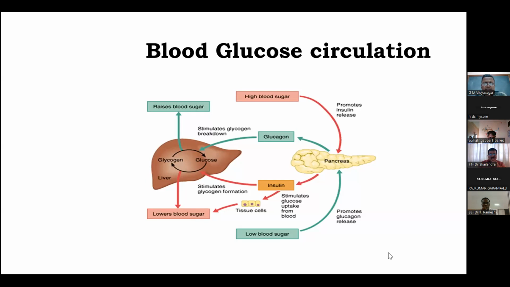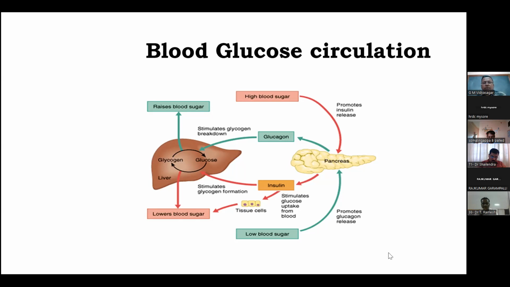And when it is metabolized and used, the sugar content in the cell comes down. During that time, in the low sugar condition, glucagon is released from the pancreas, and then the glucose is converted and used again, and the condition is maintained.